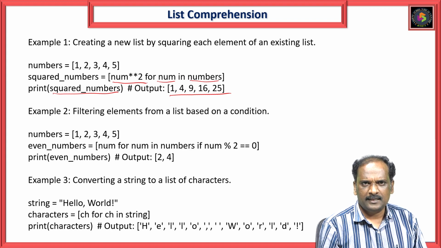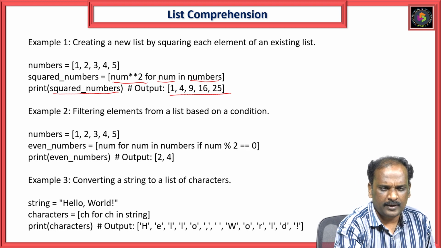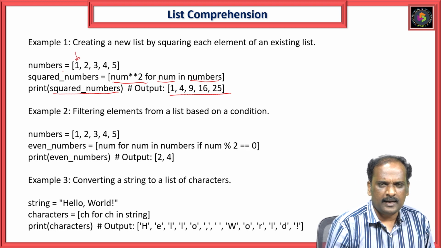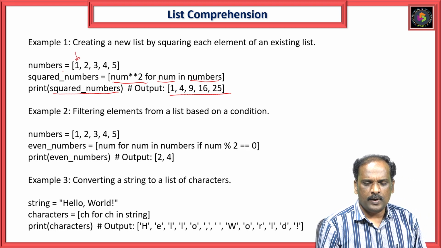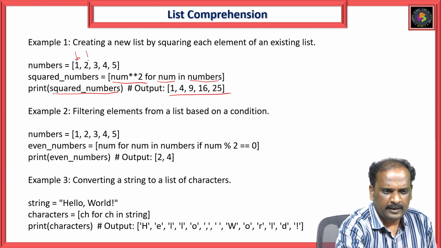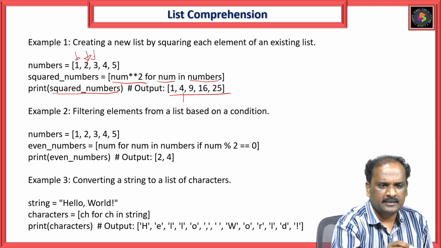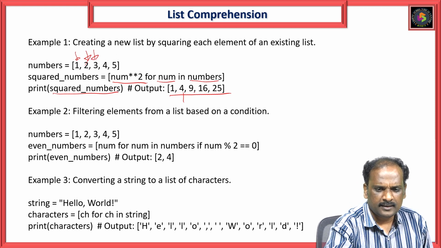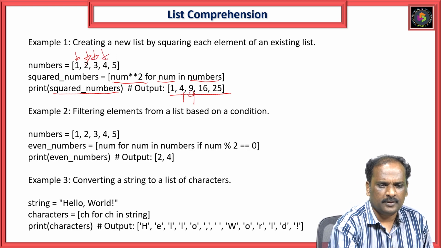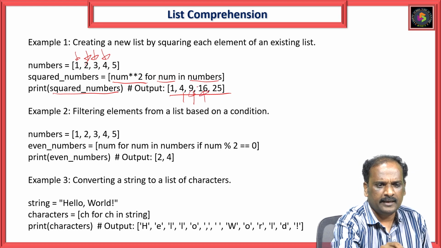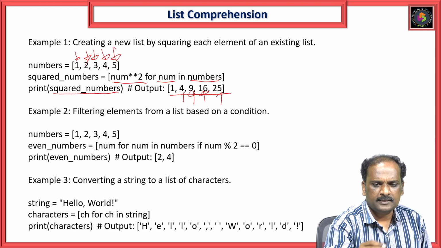That means we created the new list by the name squared numbers. Here you can observe that the first element is 1, 1 square is 1. Next element is 2, 2 square is 4. Next element is 3, 3 square is 9. Next element is 4, 4 square is 16. Next element is 5, 5 square is 25.